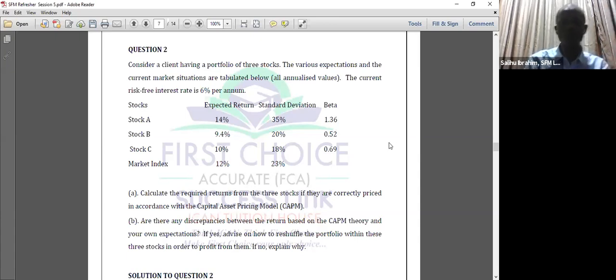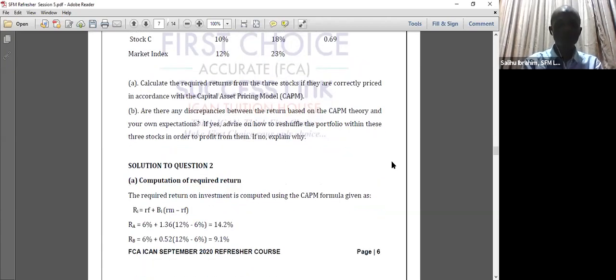Therefore, if I want to use the CAPM formula, these are my betas. Return on the stock or the investment is given as risk-free rate plus beta.